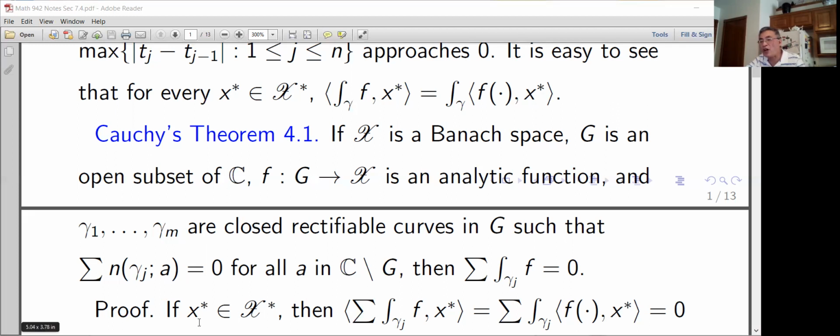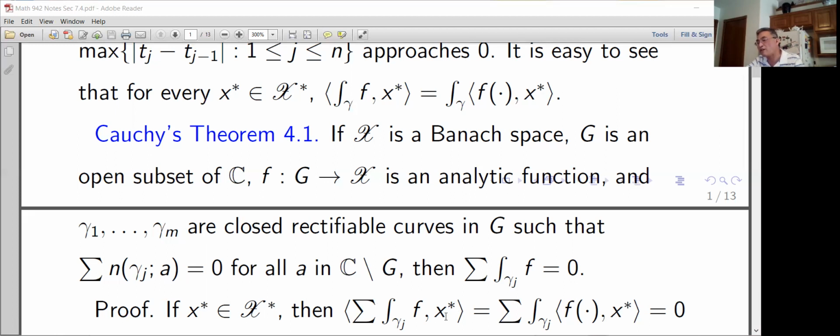So if x star is in X star, so x star is a continuous functional on X, then we take the integral, inner product with this x star.